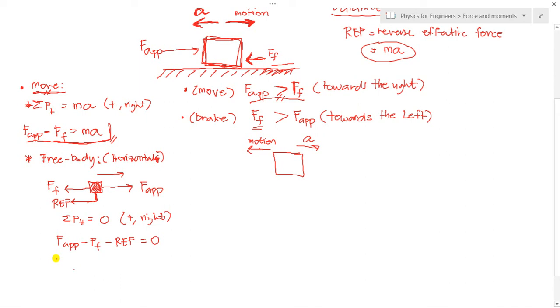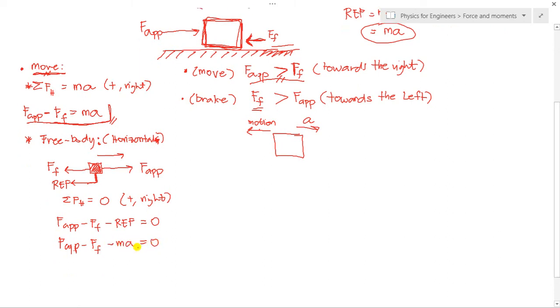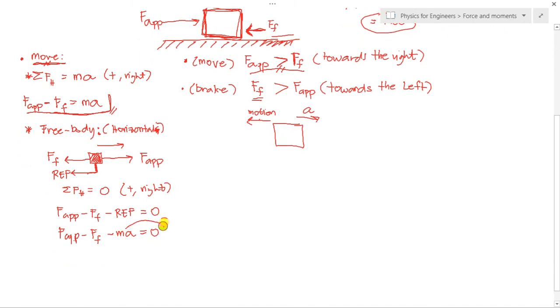So we have F applied minus frictional force minus mass times acceleration is equal to 0. Here we can transpose mass times acceleration, so we now have F applied minus the frictional force is equal to mass times acceleration.